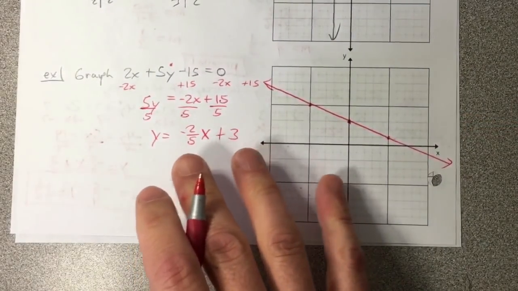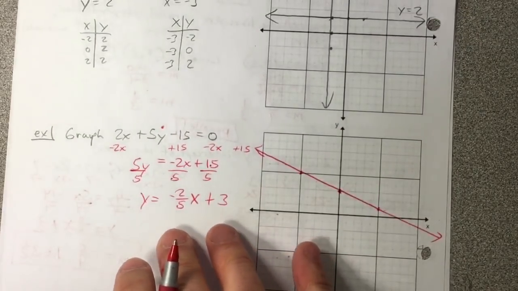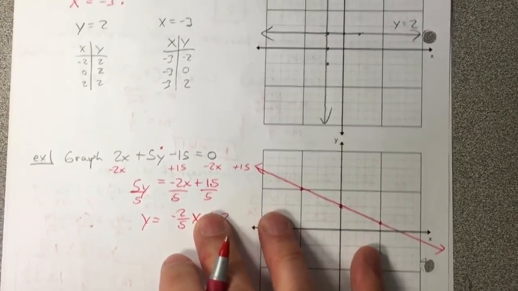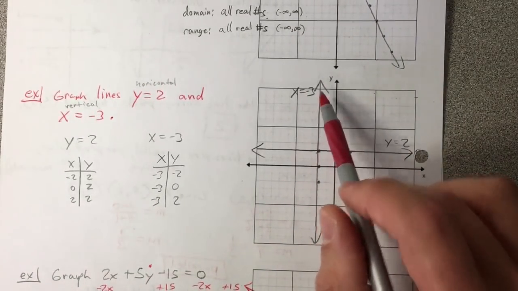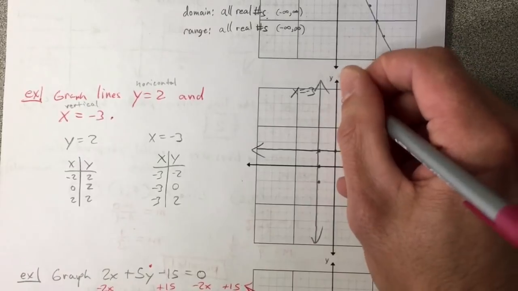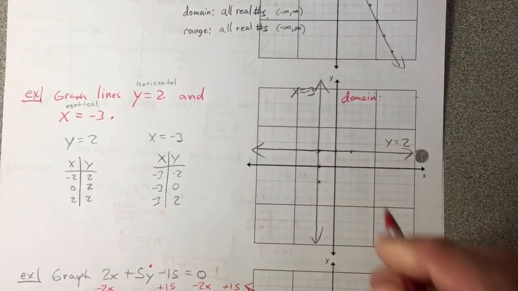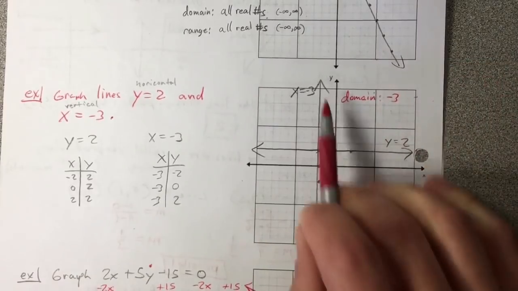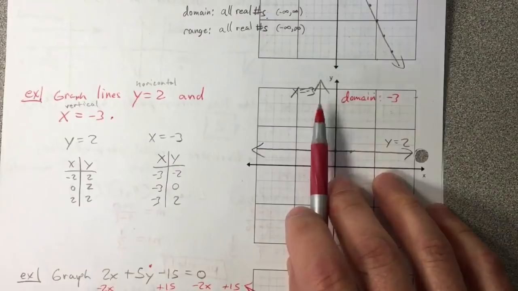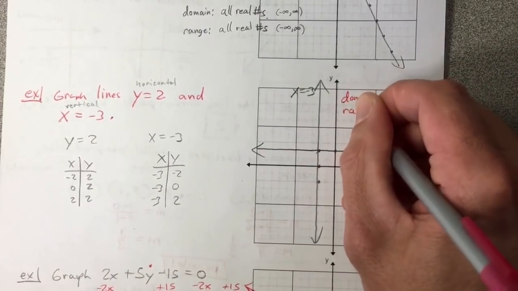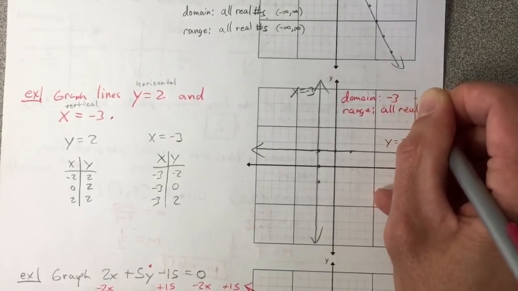Now, I'm trying to make a point to start talking about this earlier: domain and range. What's interesting about x equals -3 is that your domain, your set of all x values, is just -3. Your range, though, goes forever in all directions, so it's going to be all real numbers.